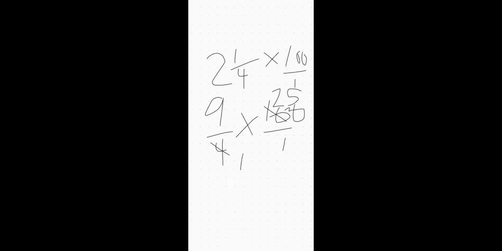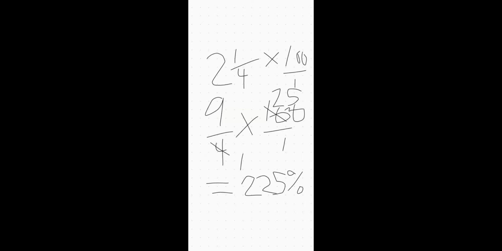Okay, so you said the answer is 225, right? Yes. Alrighty. I didn't even look in my book, I was just calculating. 9 times 5, 45. Write 5, carry 4. 9 times 2, 18. 18 plus 4, 22.